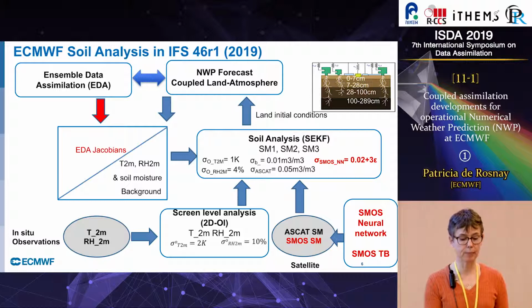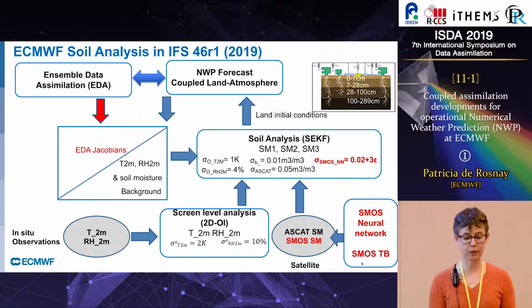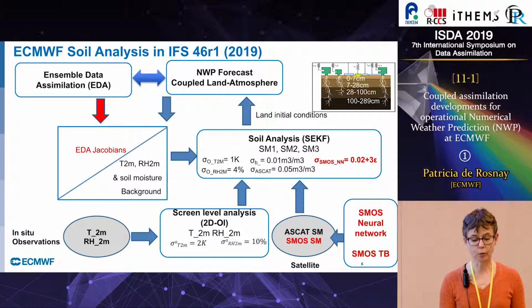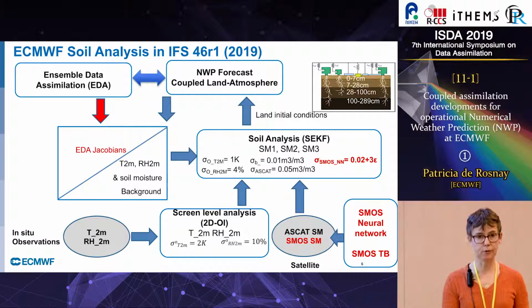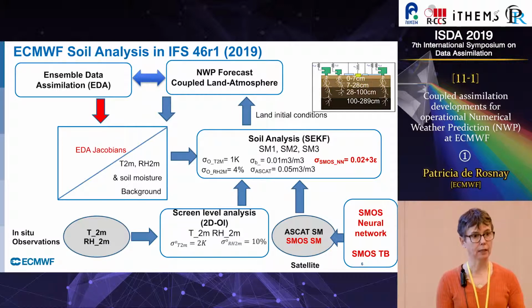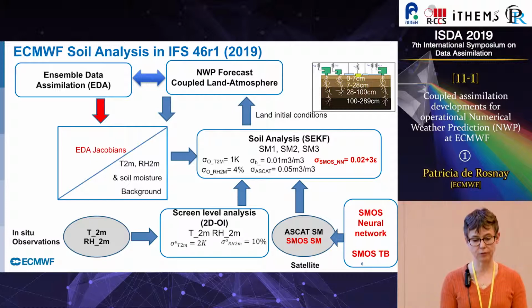And what we developed last year and will be operational this year, to compute the Jacobians, is that we will use the EDA spread to compute the Jacobians and the relation between the 2-meter temperature, for instance, and soil moisture at different levels. So yes, this is one of the improvements, and this provides more coupling.